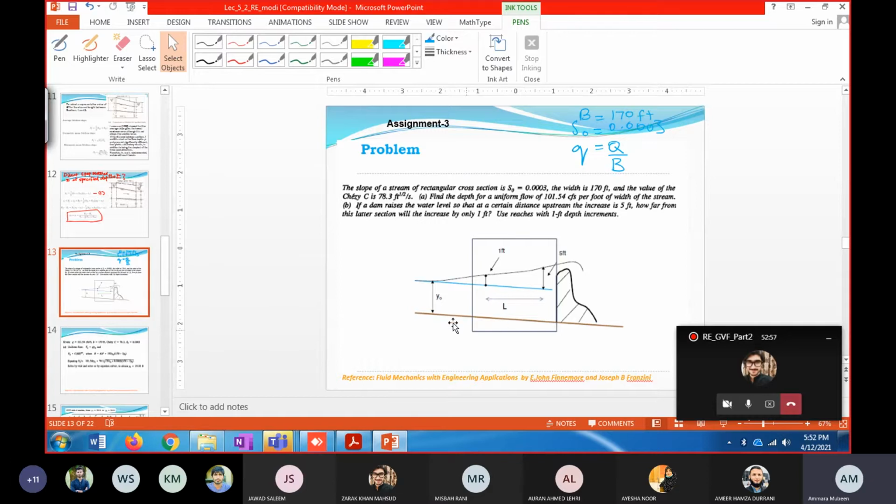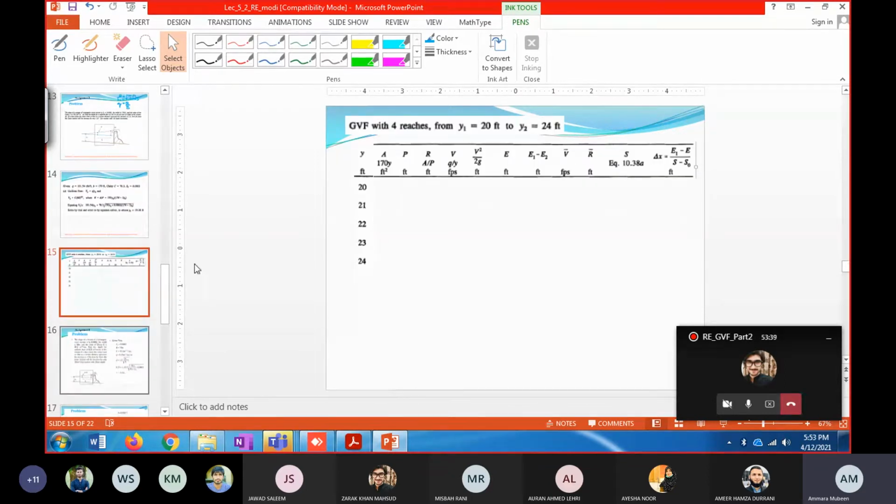If the normal depth is 19 feet, you have to calculate the distance from depth 24 feet to 20 feet. So the depth of the water surface would be 24 feet here, and here it would be 20 feet. So the depth varies between 24 and 20, and this depth is varying on the upstream side. Okay, so let's check the steps.